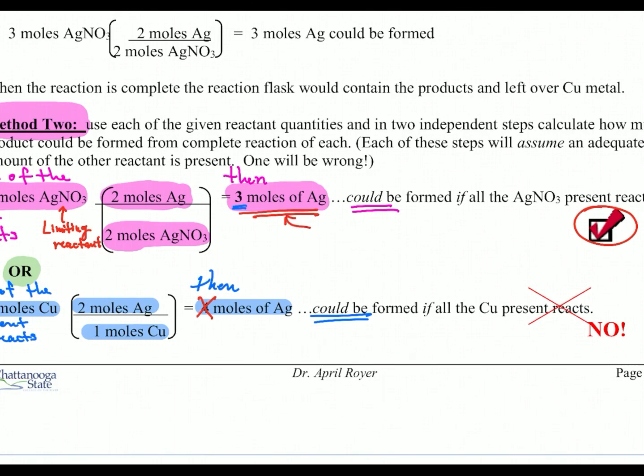And the 3 moles, even though we'd normally do theoretical yield in grams, and we could do that extra step to get to grams, you can still say that's your theoretical yield of silver.